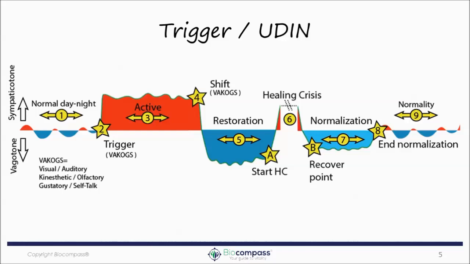But after you have experienced that and the stressor is gone, you enter into a restoration phase. In the restoration phase, your body starts kind of deconstructing what was going on in the active phase. And what happens exactly on a biological level depends on what happened in the active phase on a biological level.